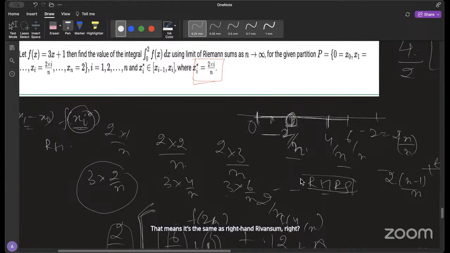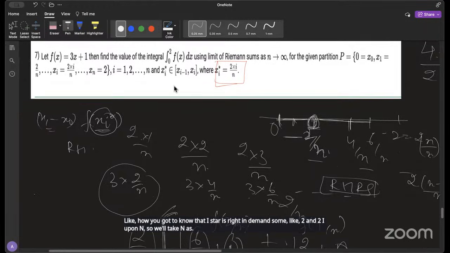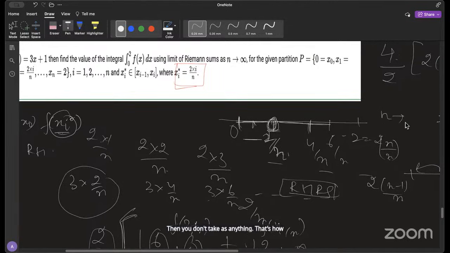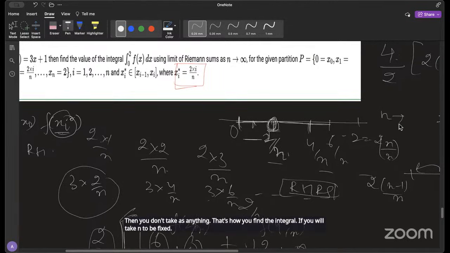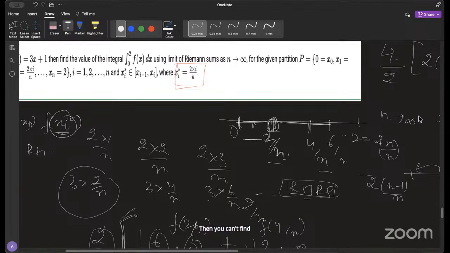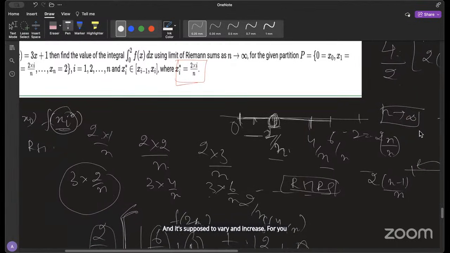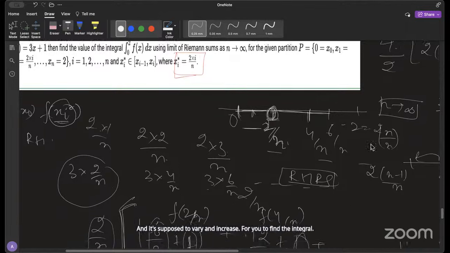So, ma'am, this i would be 1 here and n would be like, how did you get to know that xi star is right hand Riemann sum, like 2 into i upon n? We'll take n as n, you don't take it as anything. That's how you find the integral. If you take n to be fixed, then you can't find the integral. You have to take n tending to infinity. N is supposed to vary and increase for you to find the integral. We discussed this thing, right?